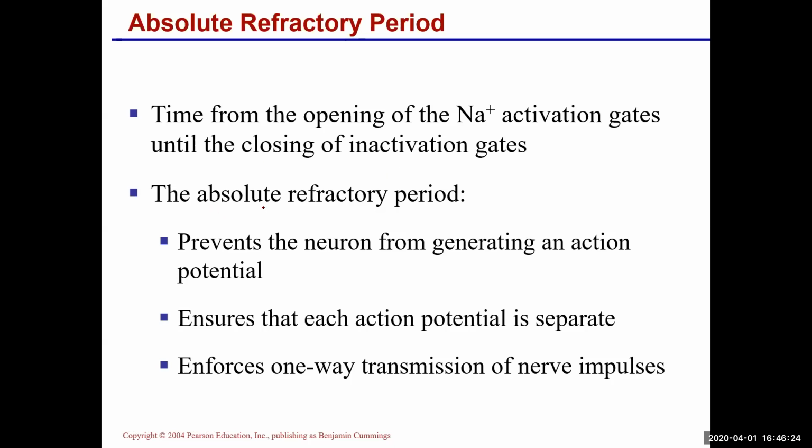Okay, so the video talked about the refractory period. There are two kinds of refractory period. The absolute refractory period basically prevents the neuron from generating an action potential. During this event, if you recall, we mentioned that the inactivation gate, which was this part right over here, right?